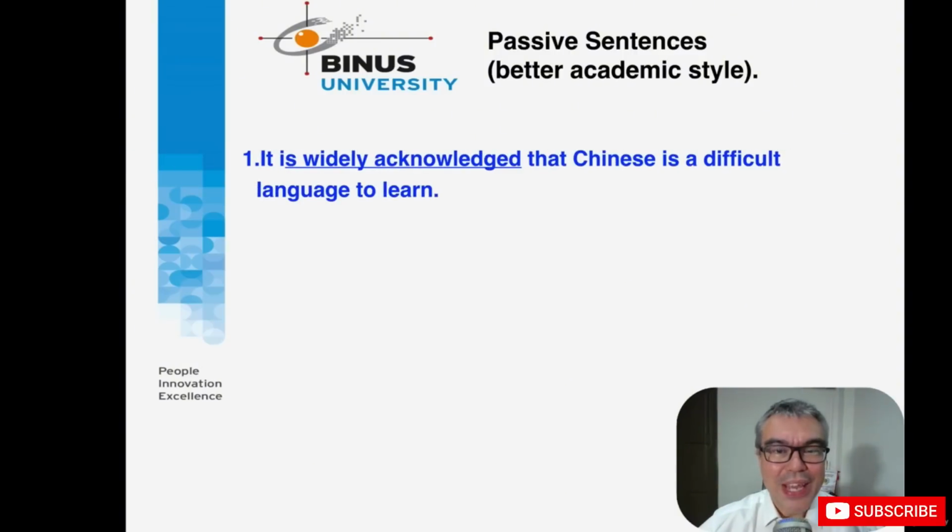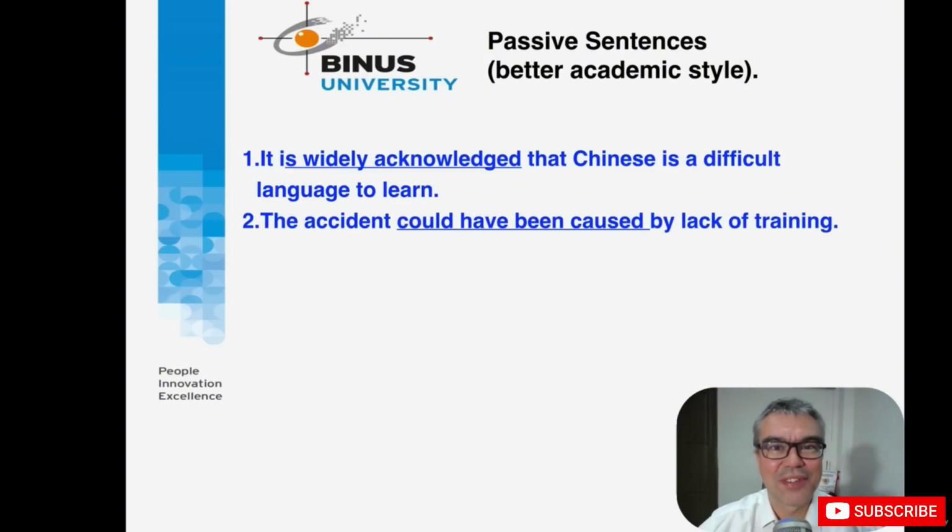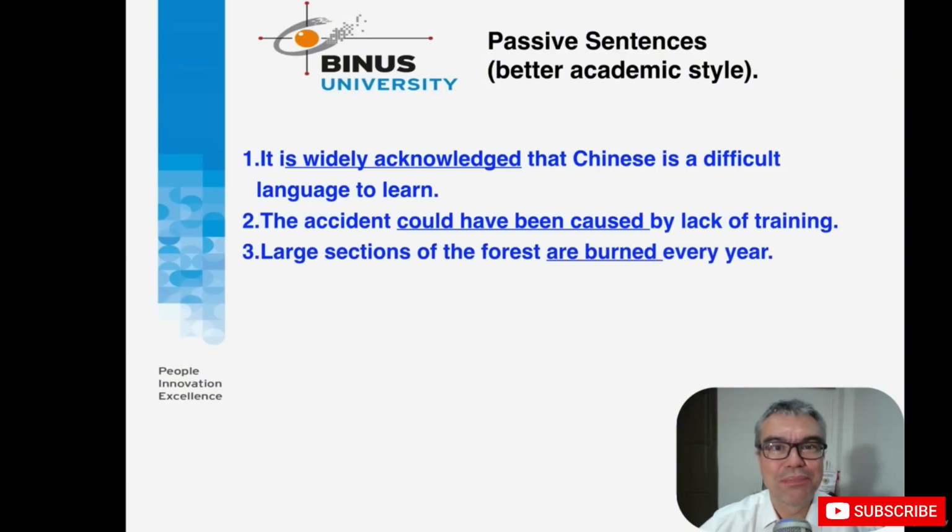Number 1. It is widely acknowledged that Chinese is a difficult language to learn. And you can see that I've underlined the passive structure in this sentence. Number 2. The accident could have been caused by lack of training. Number 3.